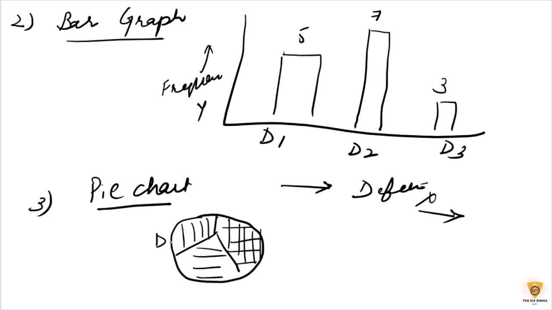So D1, D2, D3, and the specific values is 7, 1, 4, right? So the different values are also there, and this shows us the property-wise distribution, right? So this is a pie chart.